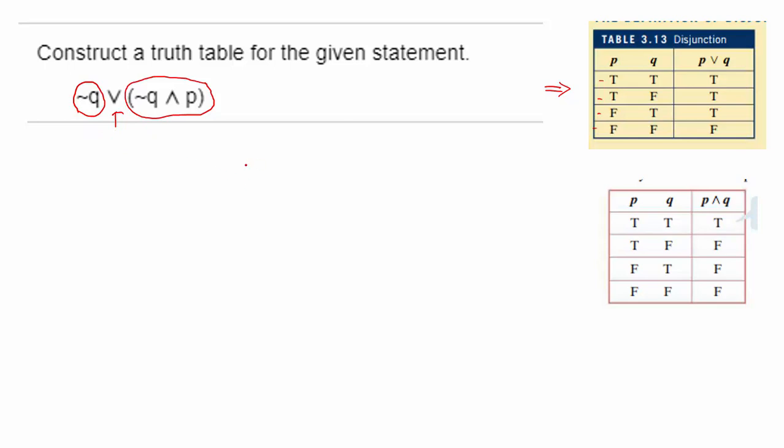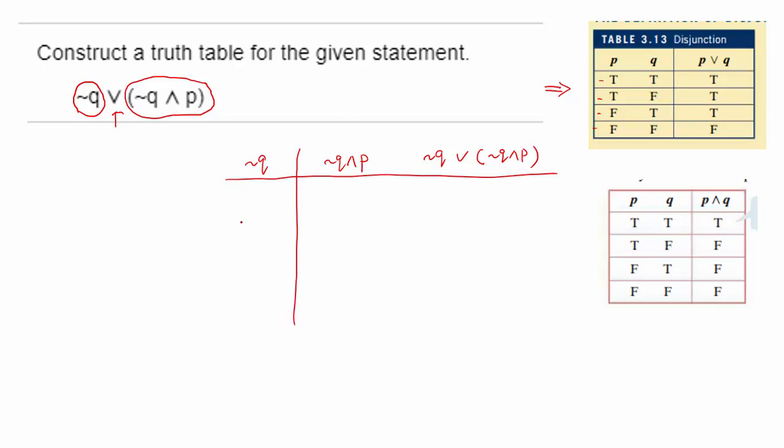So we're going to look at the truth value of this and the truth value of this, and eventually the truth value of this whole statement. To get the truth value of the negation of Q, of course, we need to know the truth value of Q first. So that is why we always start with what?